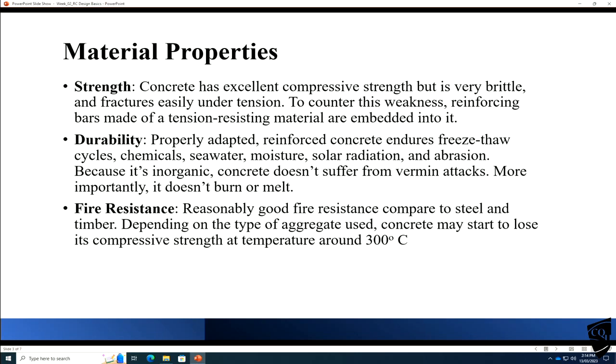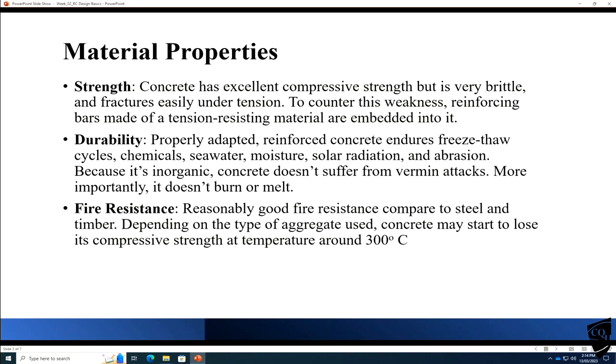That also causes other issues, like freeze-thaw cracks, because water goes into the voids and freezes when the temperature goes down, which makes cracks. But durability wise, compared to other materials, concrete has relatively good durability.